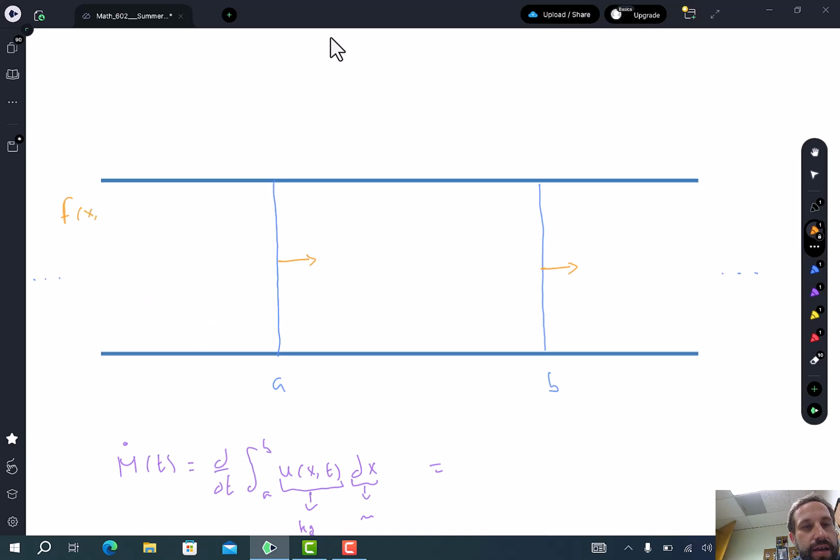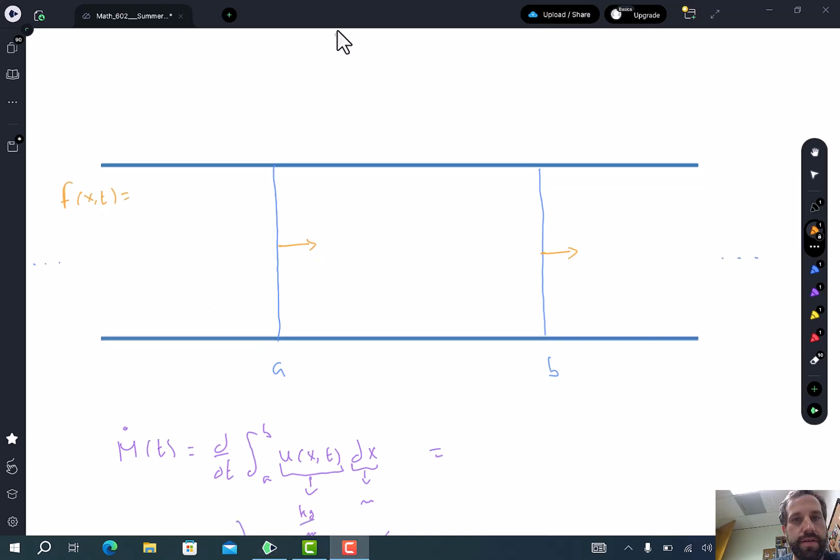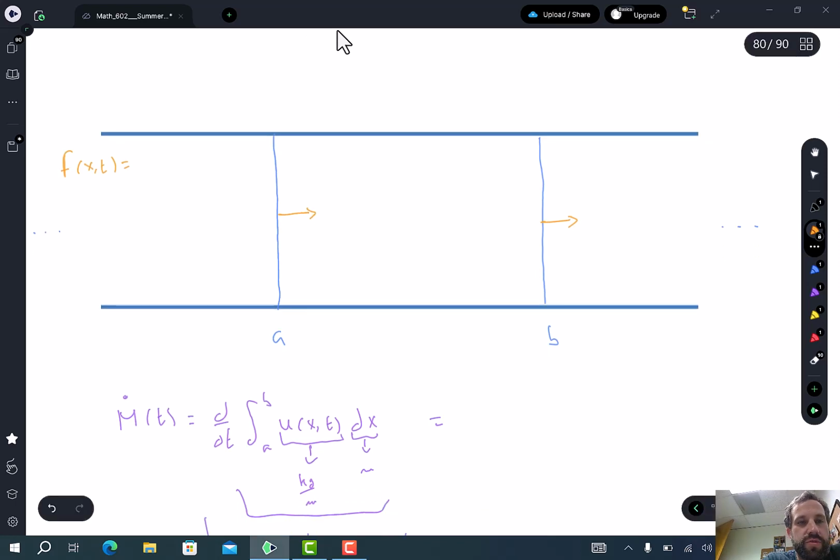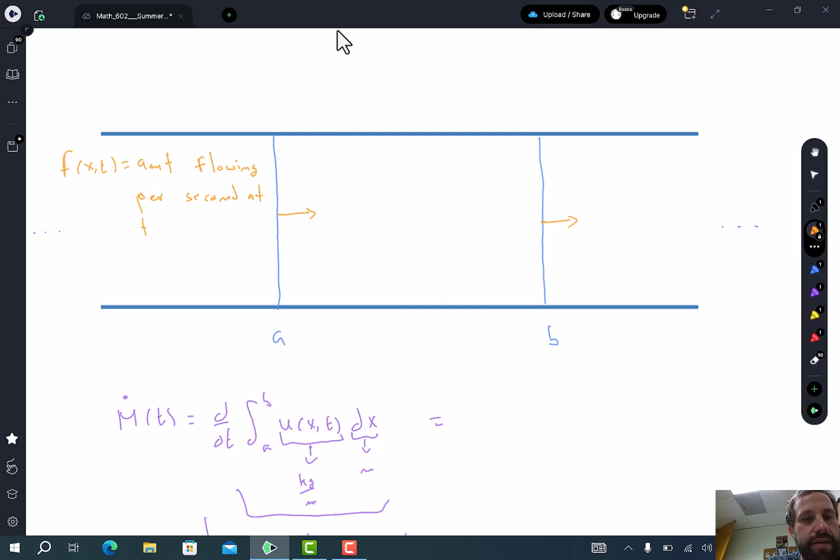F of x,t is the amount flowing per unit time, per second, at time t and location x.